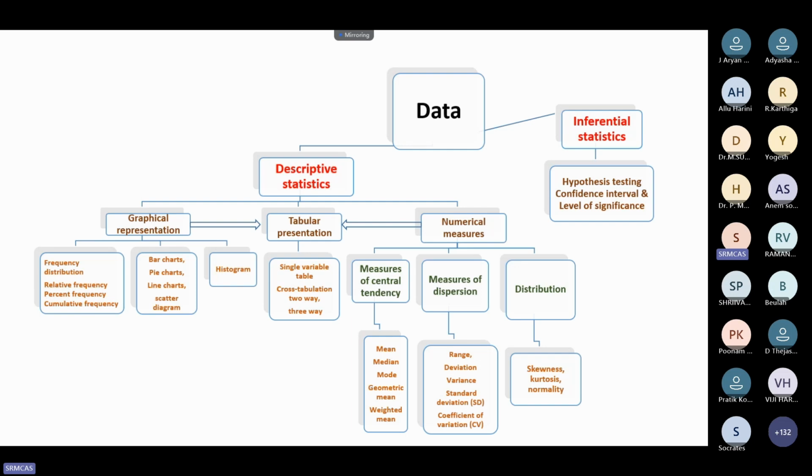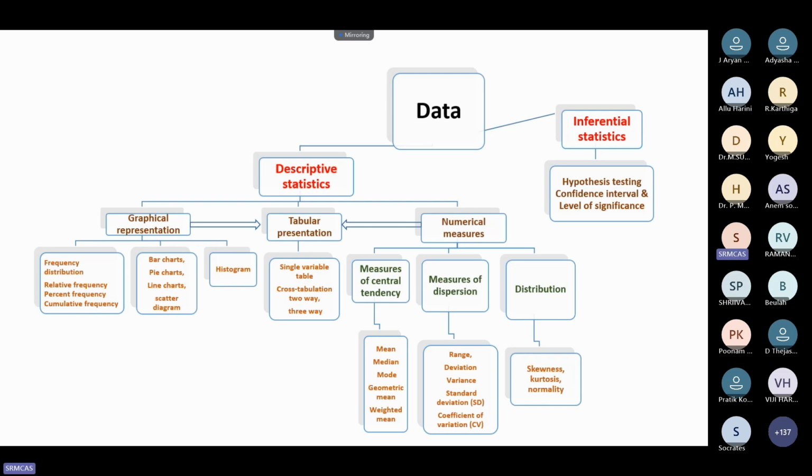In inferential statistics, it is not like that. Here it is usually related to the sample and sampling distribution. Based on the sample statistics, the sample estimators, we draw inferences about the population characteristics.